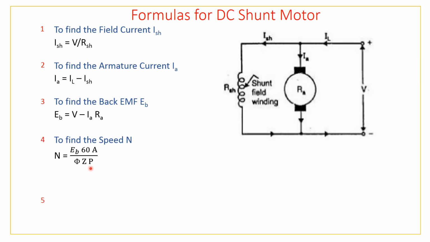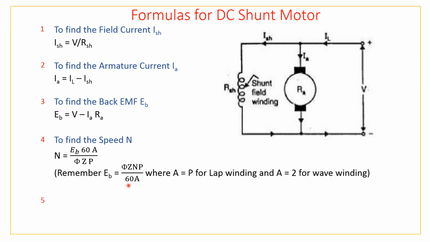We have already seen that E is equal to ΦZNP by 60A, where A is equal to P for lap winding and A is equal to 2 for wave winding. This we have already done. The same formula I am going to use here, but instead of taking it as just E, I am taking it as EB.